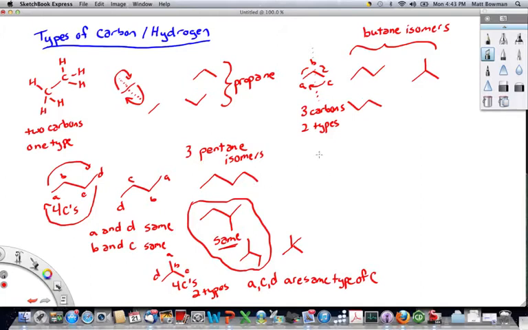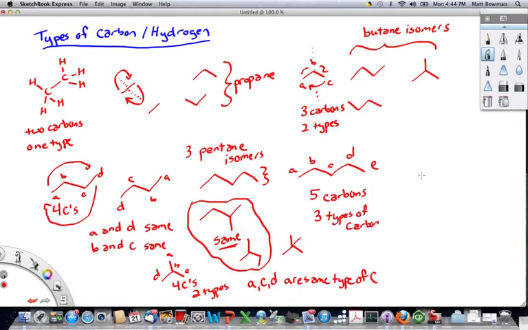Now let's take a look at pentane. We'll just look specifically at this particular pentane isomer. Here we have 5 carbons, A, B, C, D, and E. Even though we have 5 carbons, we actually have 3 types of carbon.